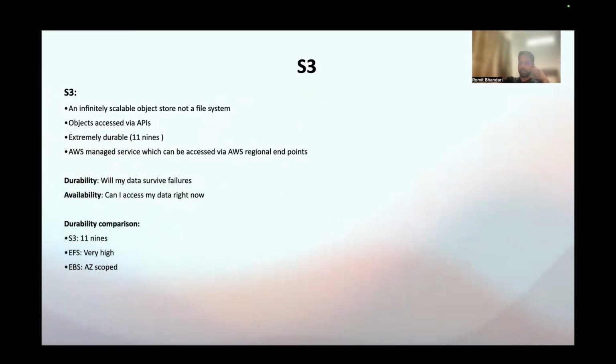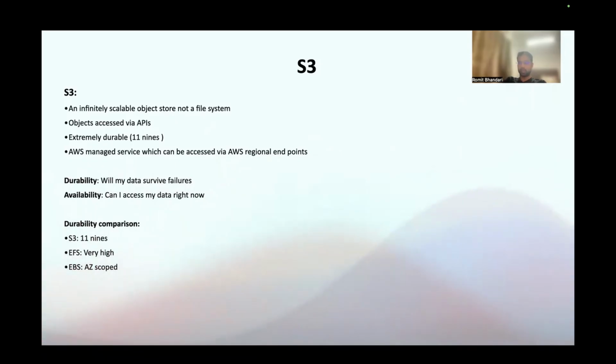Now, what is the difference between durability and availability? Just to understand what we mean by extremely durable. Durability answers the question: will my data survive failures? And availability is: can I access my data right now, or will you give me a 404 not found? Available means the data is always available.